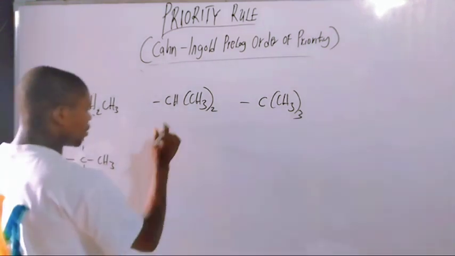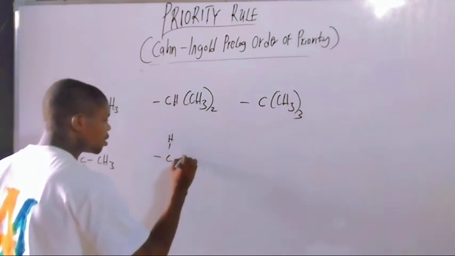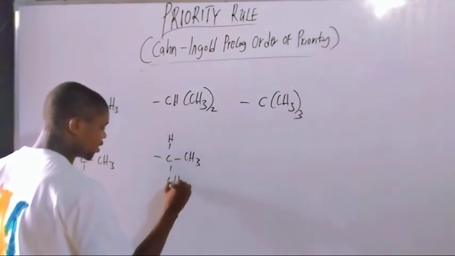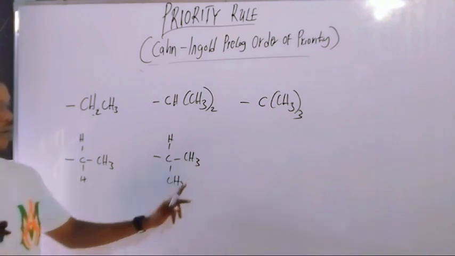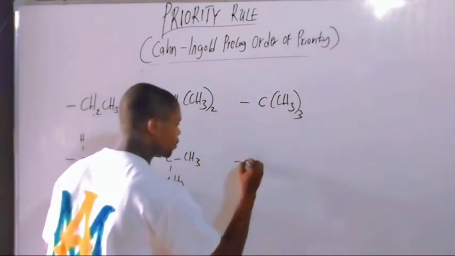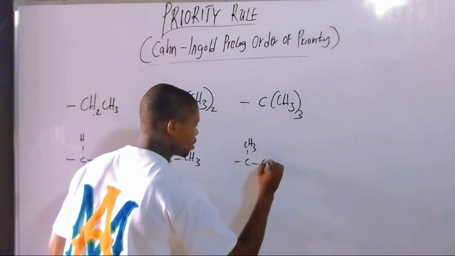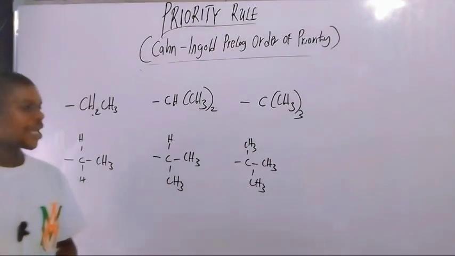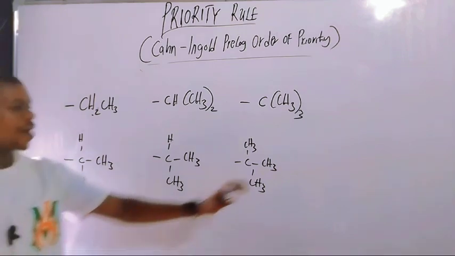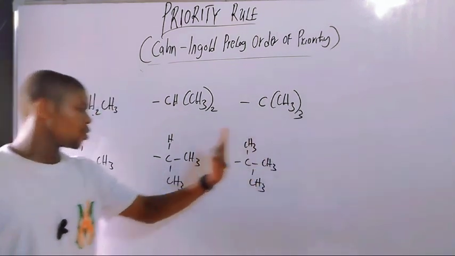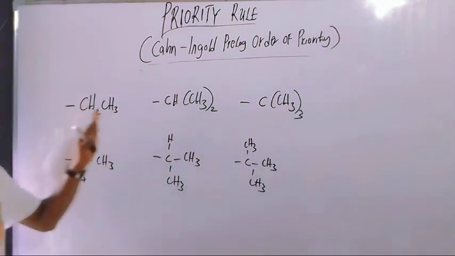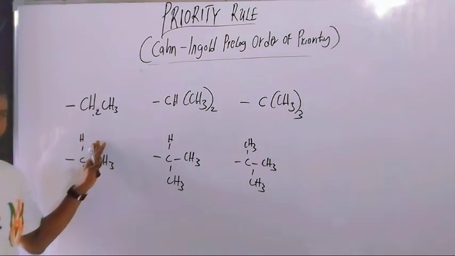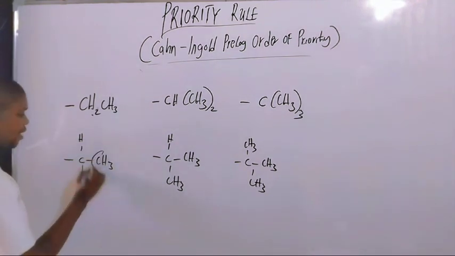The other one has hydrogen, CH3 and CH2, so this one has 2 carbon attached to it. And you have CH3, CH2, CH2. Which will be the highest priority here? Of course, the one that has 3. The one that has 2 takes priority over the one that has 1.